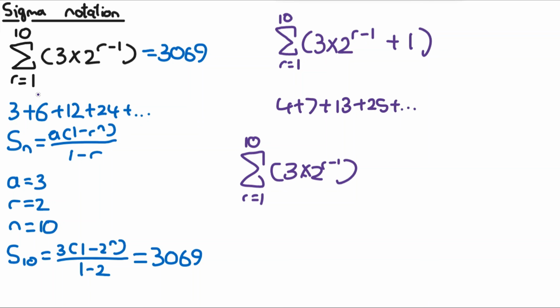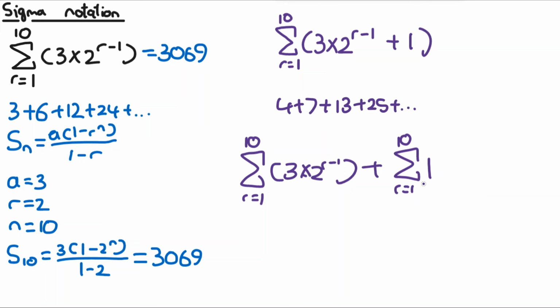So just this, which is actually this expression up here, plus the sigma from r is equal to 1 to 10 of this here, so just 1. You don't really need to put the brackets around it like this. And this is a lot easier. We know this part from before, this is just 3069, it's the exact same sigma here. And this second part here, you can see that there's actually no r in the expression here, because each term therefore is just going to be 1.